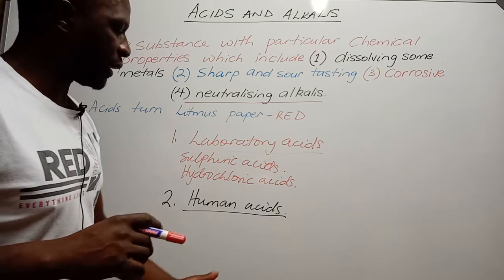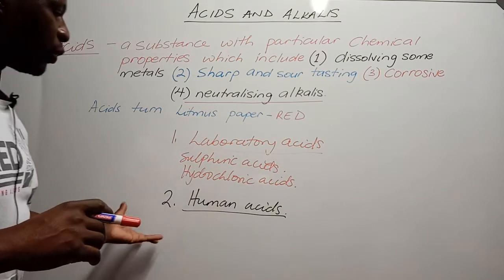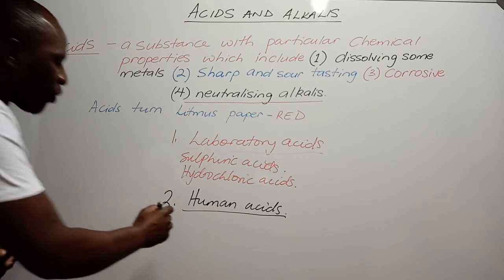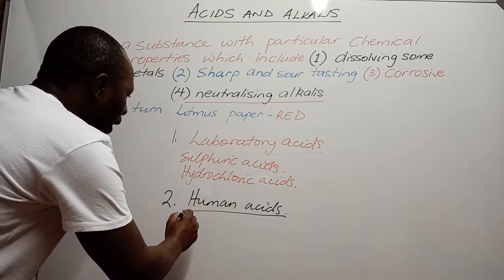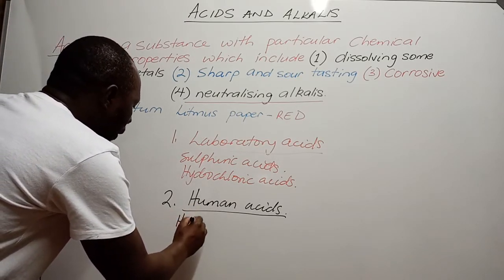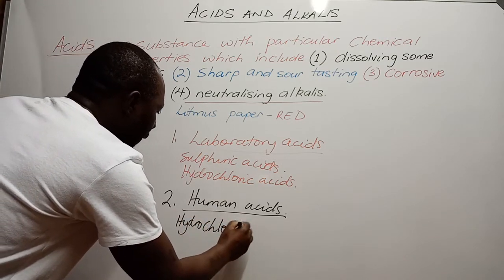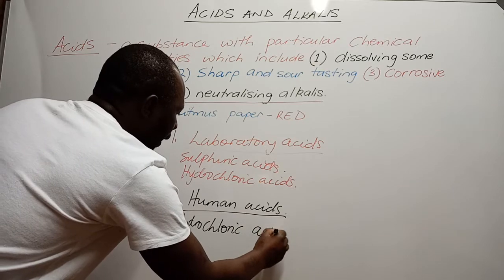Now let's go to another group of acids which are very, very useful. The body acids, or what we have decided to term the human acids. The first one that we are going to talk about is hydrochloric acid in our bodies. So our bodies do have hydrochloric acid.